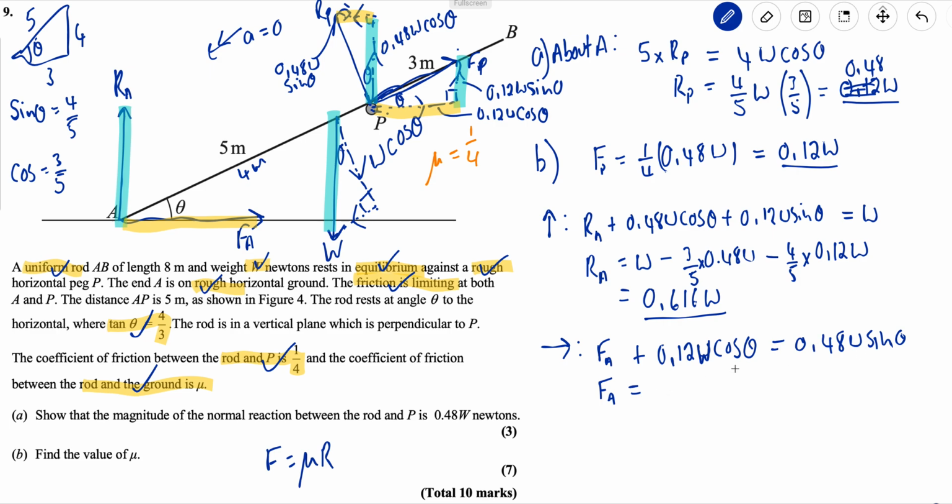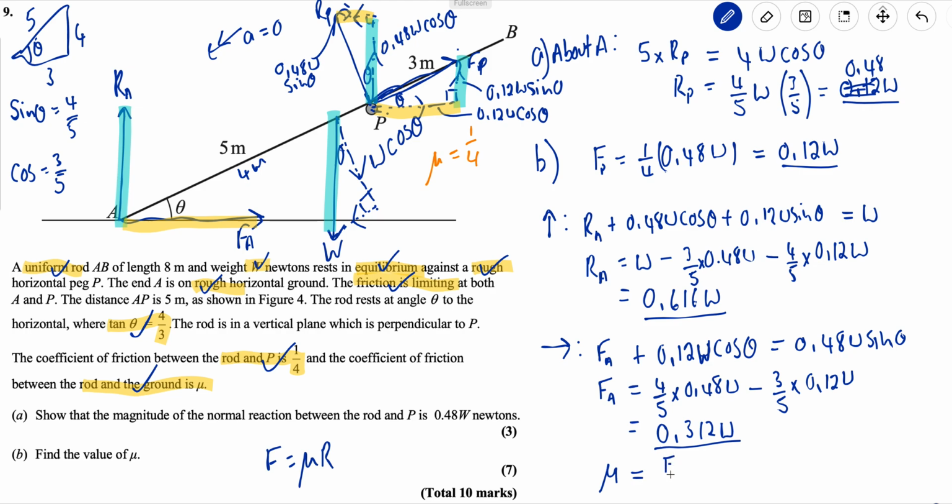I'm going to just rearrange, subtracting this from both sides. So on here I'll have sine theta, which is 4/5, multiplied by 0.48 W minus this term, which is cos theta, which is 3/5, times 0.12 W. And when I factorise out the W and do that calculation, I get 0.312 W. So now I have my R and my F, I can use the equation F equals mu R. As I said, friction is limiting, so I'm allowed to use this.